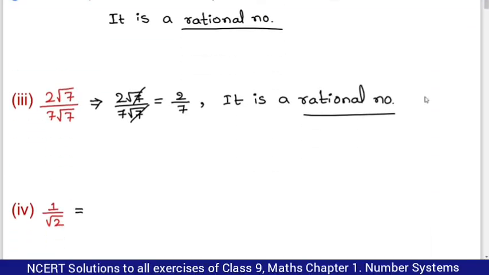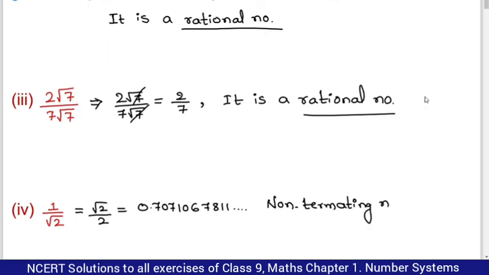Now fourth one, 1 by root 2, or it can be written as root 2 by 2, which is equal to 0.7071067811 and so on. It is non-terminating and non-recurring. Then it is an irrational number.